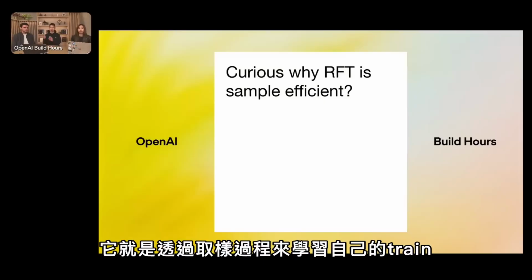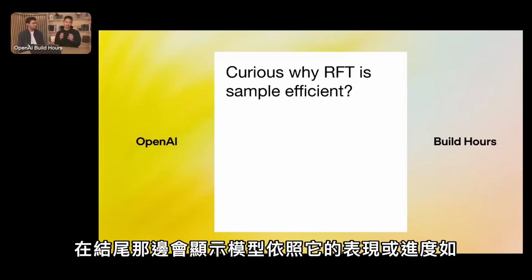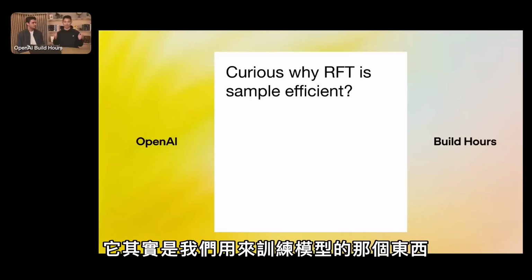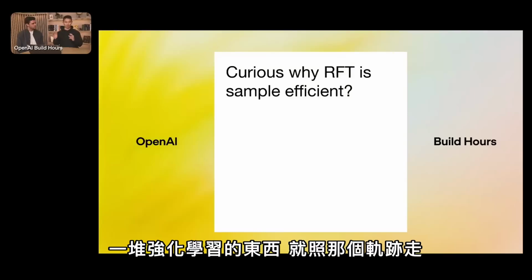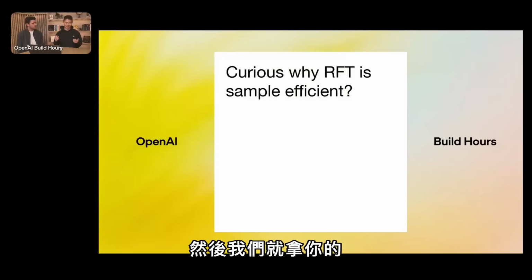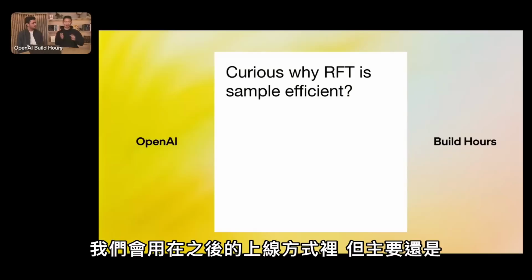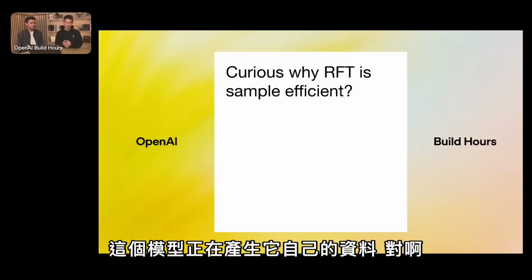And when you give it the grade or the reward at the end, that tells the model how well it's doing based on the trajectory or rollout that it generated. That ends up being the thing we train the model on. We do a bunch of reinforcement learning over that trajectory, and we apply your reward or grade over the rollout in certain ways. But ultimately the model is generating its own data.